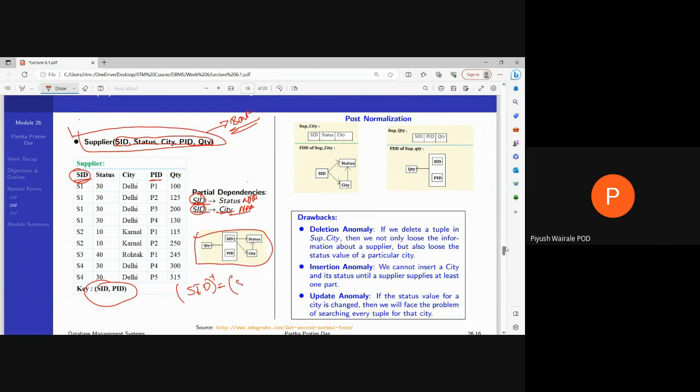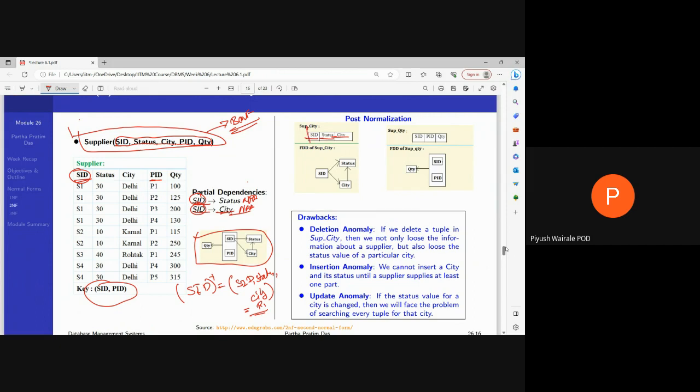So it will be SID, status, CT. Let us make this one table, that is R1. So what are the functional dependencies that are violating your condition? Just take the closure of that and make it one table. That's how we decompose the table.